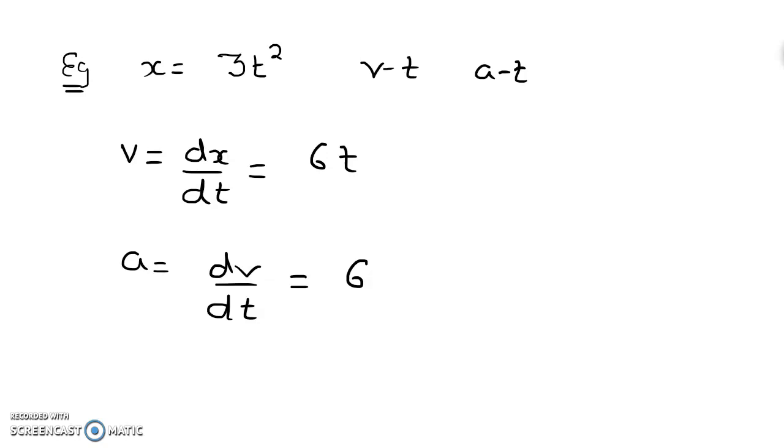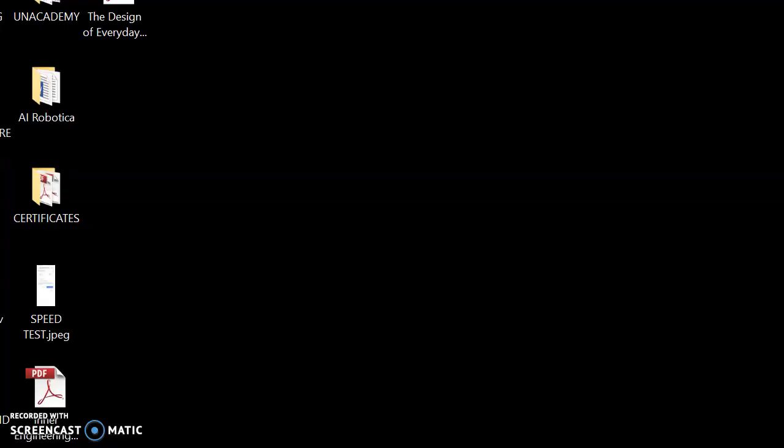Okay, let's do some other problems. I'll give you one more. Say acceleration is 2t, and I ask you x as a function of t and v as a function of t.